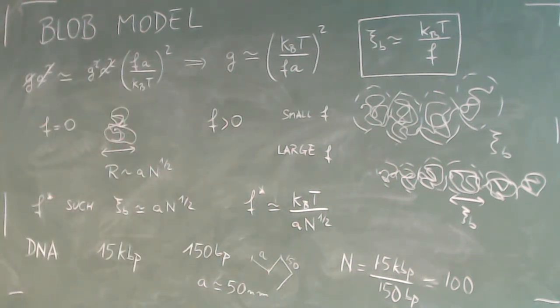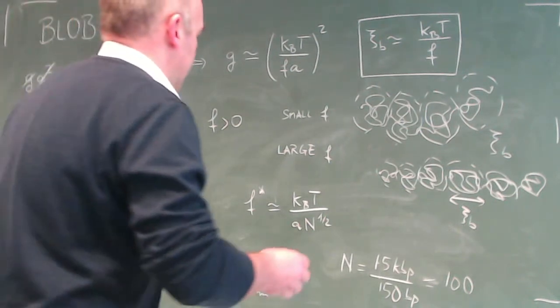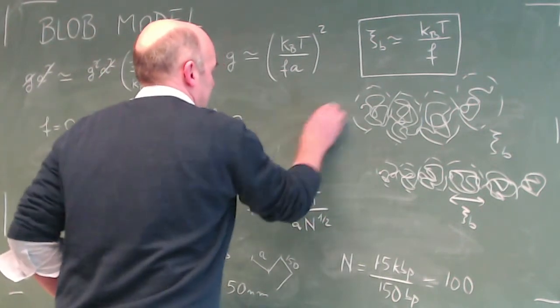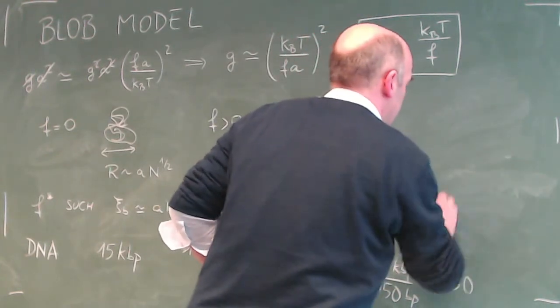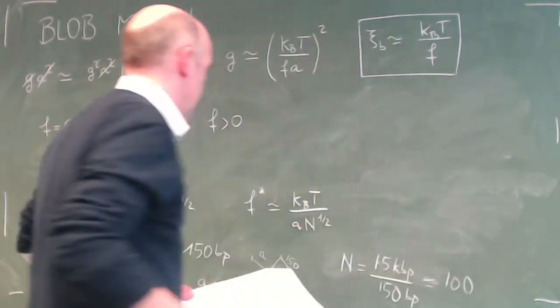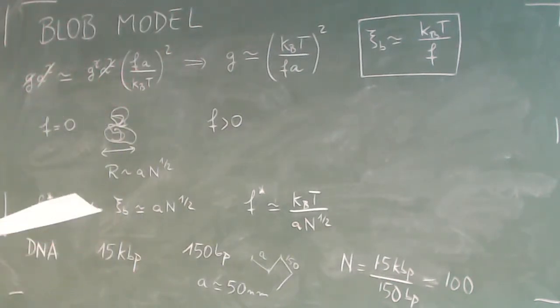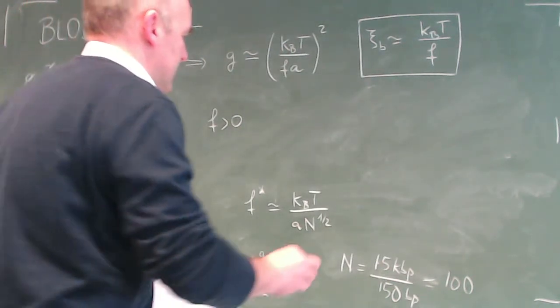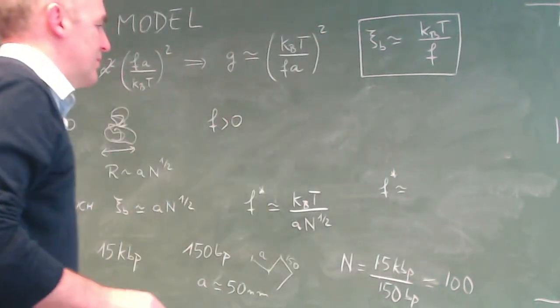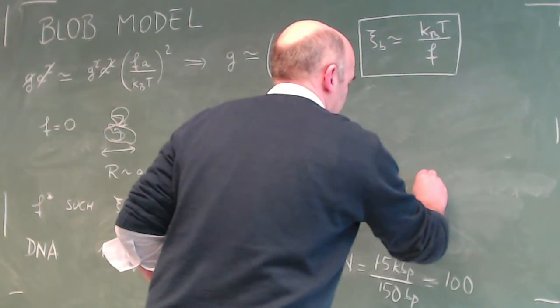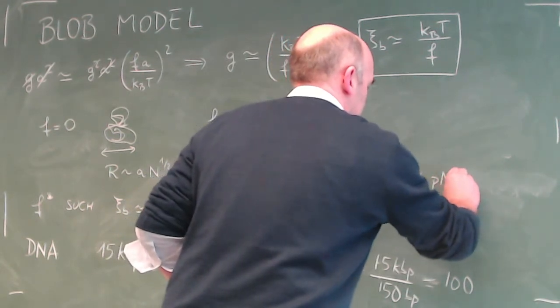Okay, so you can apply this and ask what is the F star for this piece of DNA. So we know that kBT, at room temperature, is roughly 4 piconewton times nanometer.